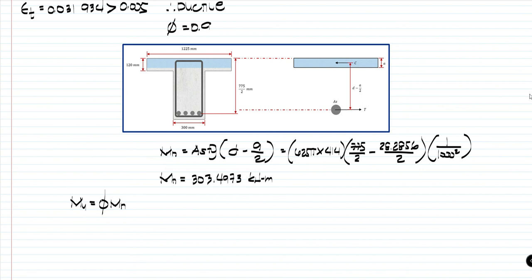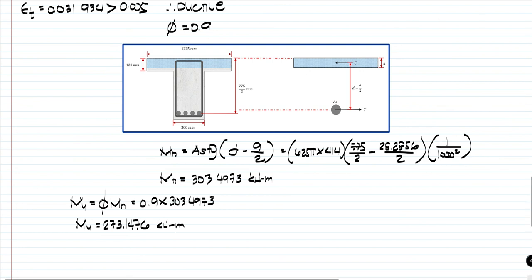And after getting this one, proceed tayo sa ultimate moment capacity, which should be the reduction factor times the nominal moment. So that will be 0.9 times 303.4973. So that will be a value equivalent to the ultimate moment, which is 273.1476 kilonewton meter.